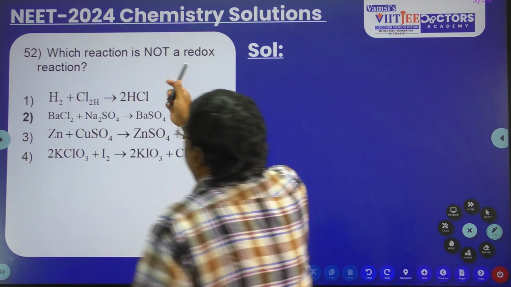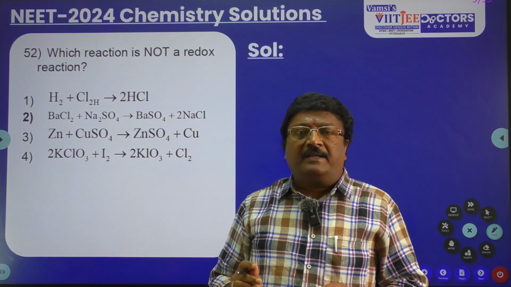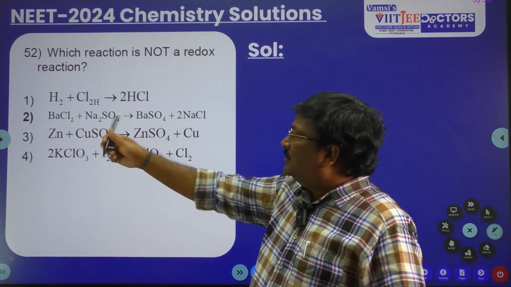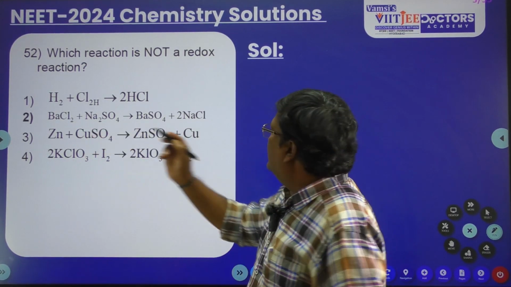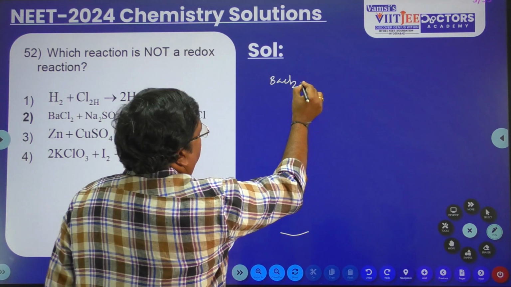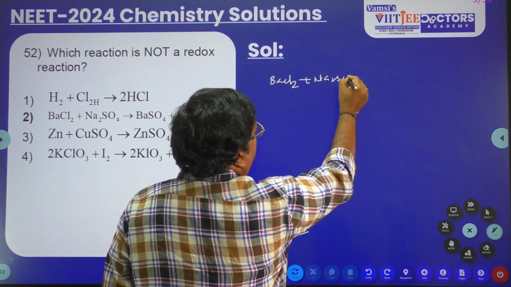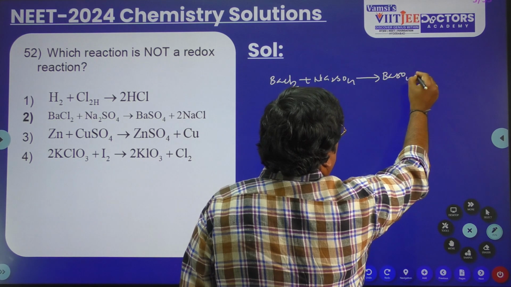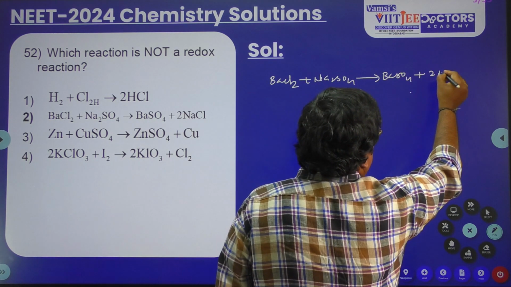Which reaction is not a redox reaction? Redox reaction means there must be a change in the oxidation state. Coming to the second option, barium chloride with sodium sulfate gives barium sulfate and 2 NaCl.